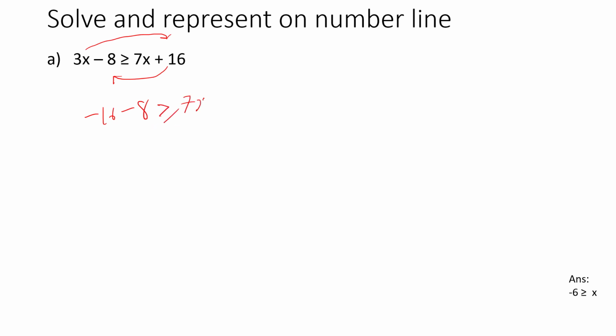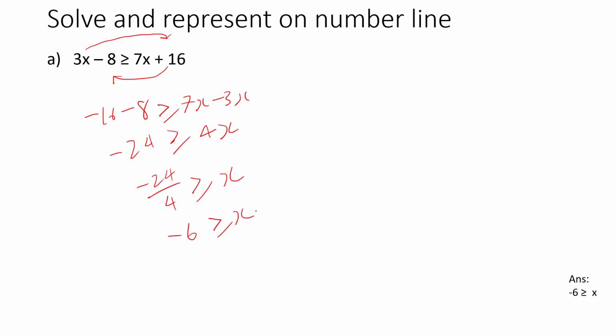Then 7x minus away 3x. So I have negative 24 is larger than 4x. And you get negative 24 divided by 4, and you will have this inequality of x, and it will be negative 6 is larger than x.